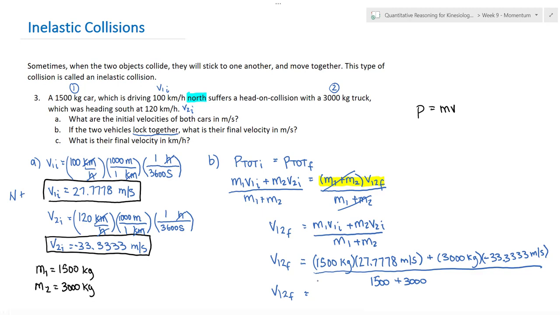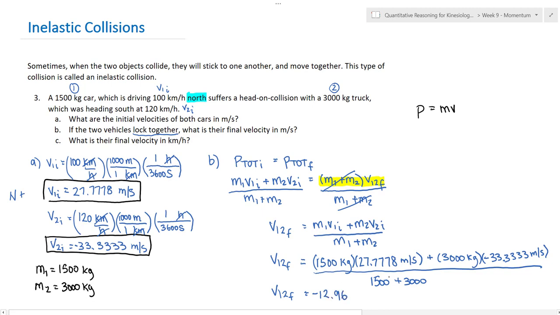So we have 1,500 times 27.7778 plus 3,000 times negative 33.3333 divided by 1,500 plus 3,000, and we have negative 12.96.